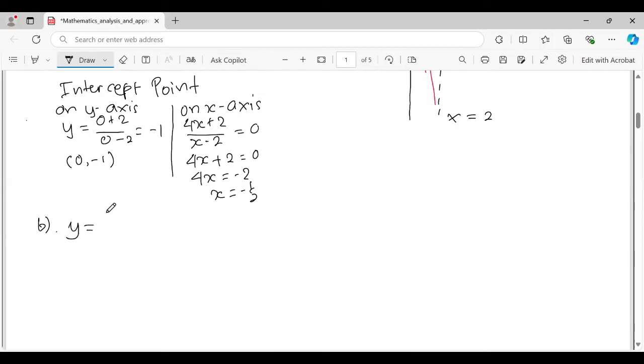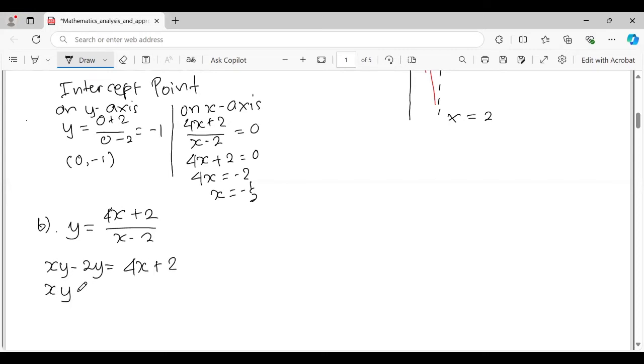I'm going to write the function first. y equals f equals (4x plus 2) over (x minus 2). After that, multiply y with the denominator, it's going to be xy minus 2y equals 4x plus 2.